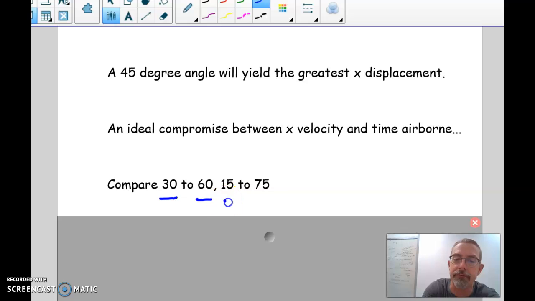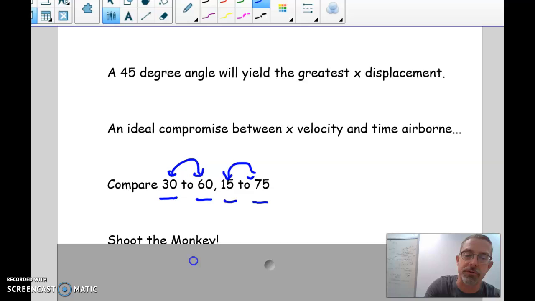If I launch something at a 15-degree angle and a 75-degree angle, they will travel the same distance in the x direction as long as they were given the same initial velocity and as long as there's no air resistance. One benefits from having a greater delta x but less time. One benefits from more time but less of an x. So complementary angles actually end up going the same displacement in the x direction.